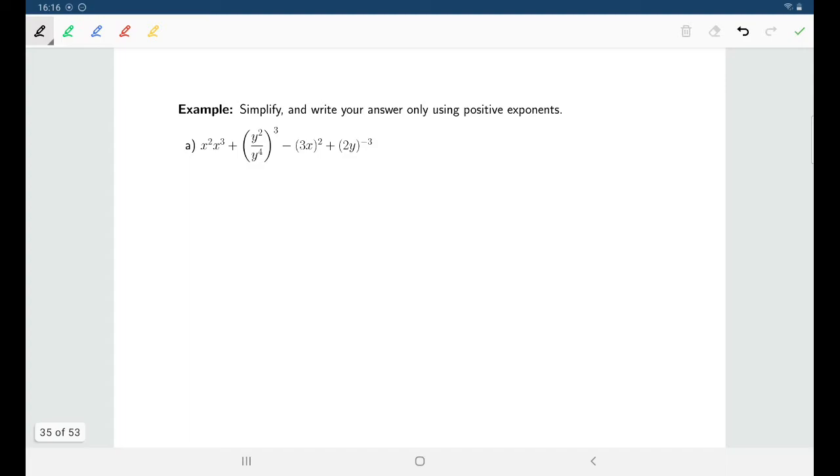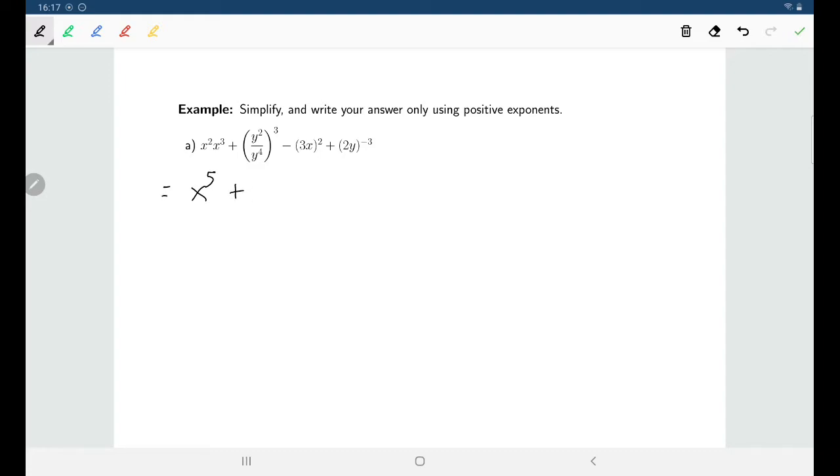So to simplify this, we've got some things that we'll need to do, and what I'll want to do now is use my exponent properties to make that happen. The first thing I would say is I've got x squared times x cubed, which I know that I can simplify by adding together the exponents. That's x to the 2 plus 3, or x to the 5.